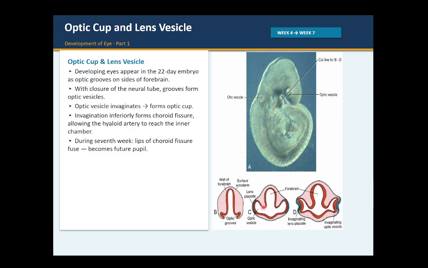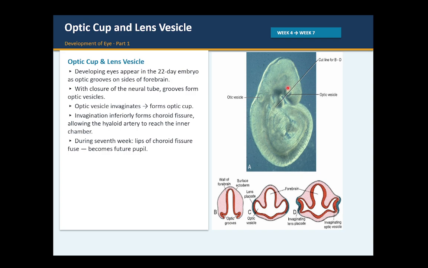Because the neural tube is formed, you have the diencephalon, and from the diencephalon you have these vesicles which are going to arise, and this is called the optic vesicle. You can see this is the 22nd day, and around the forebrain you have this optic vesicle which is arising from where your diencephalon is, where your thalamus and hypothalamus is, the forebrain part.